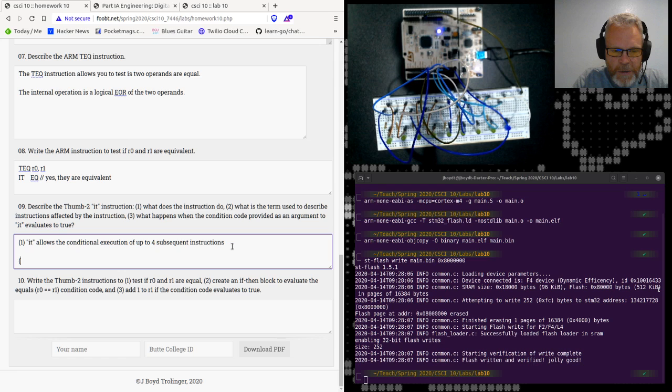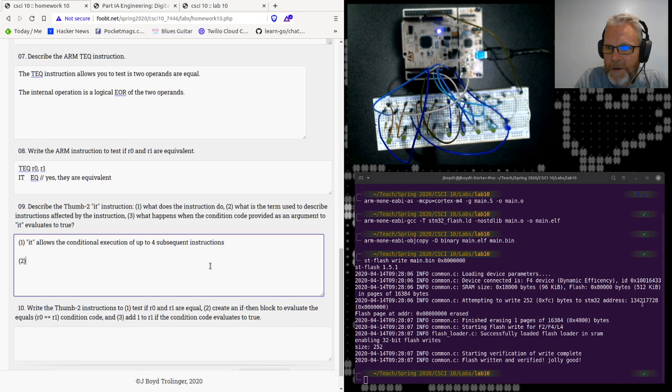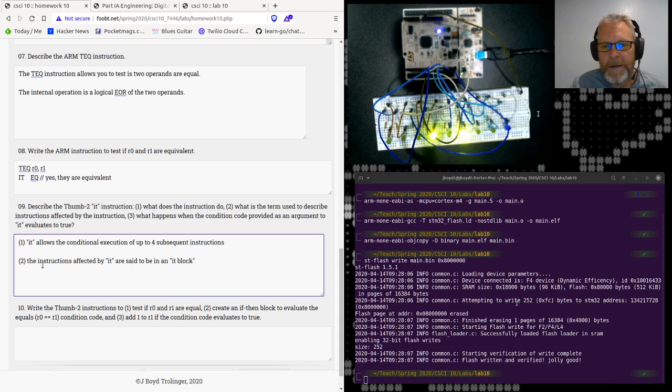Part 2 asks, what is the term used to describe instructions affected? So if you read the documentation, you'll see that when you chain instructions together after an IT, ARM calls that an IT block.